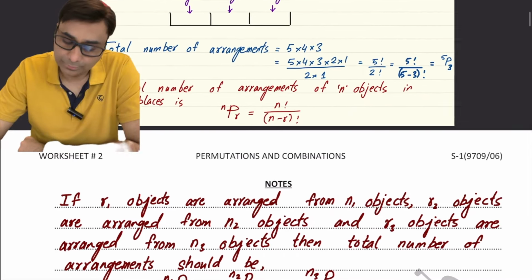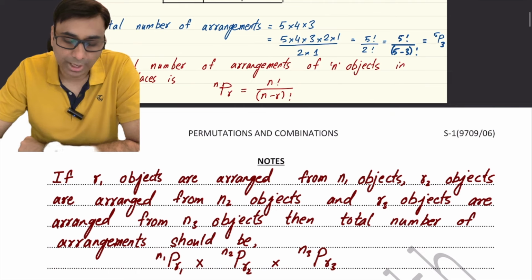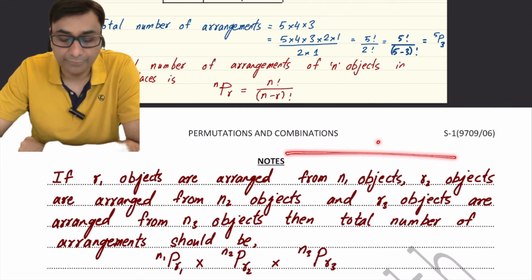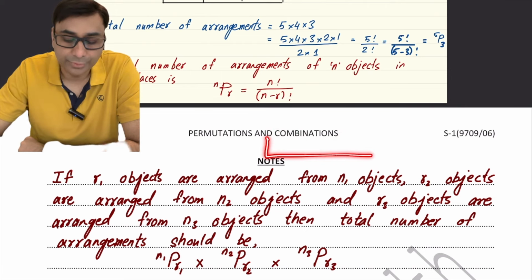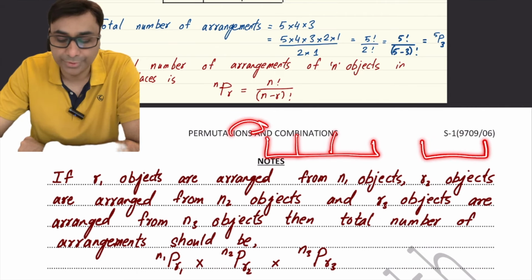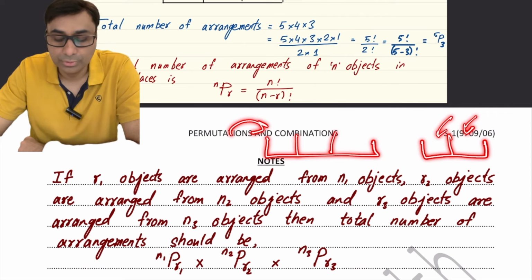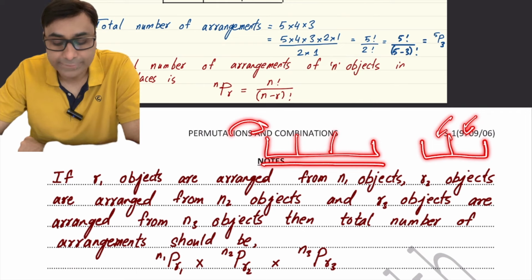Moving on, there is a possibility that you have to arrange objects, but you have different choices for different places. Like for example, I have to arrange 3 objects out of a certain number of objects, then I have to arrange 2 more objects out of a certain other number of objects. So I would have a certain number of ways of arranging these objects that can be determined by using a formula.